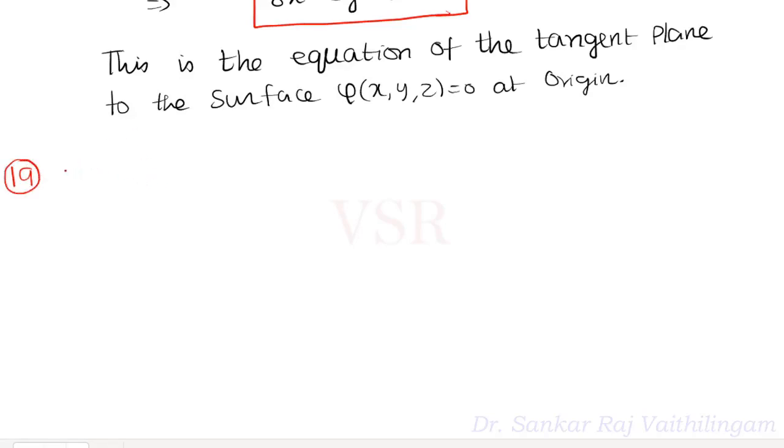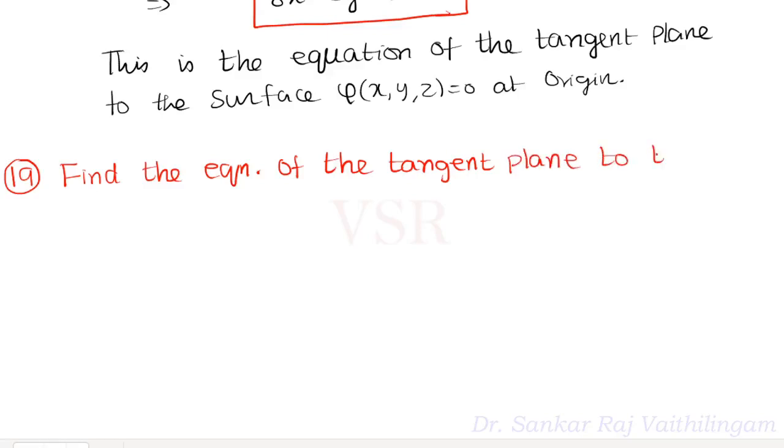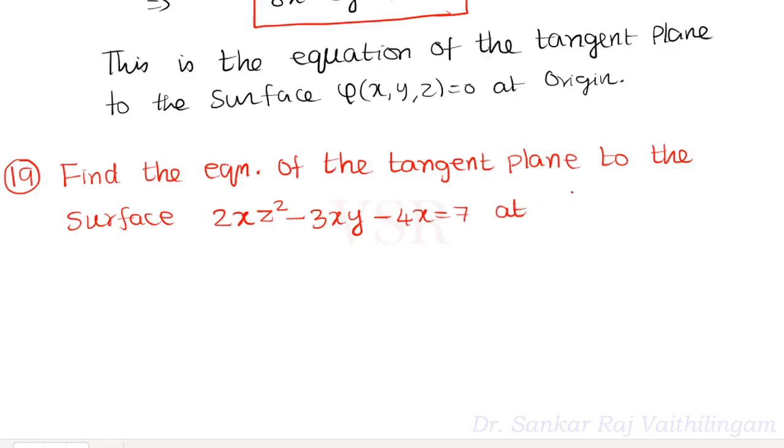Find the equation of the tangent plane to the surface 2xz square minus 3xy minus 4x which is equal to 7 at the point, என்ன point அப்படின்னா, this is 1, minus 1, 2. Okay, so this is the problem.